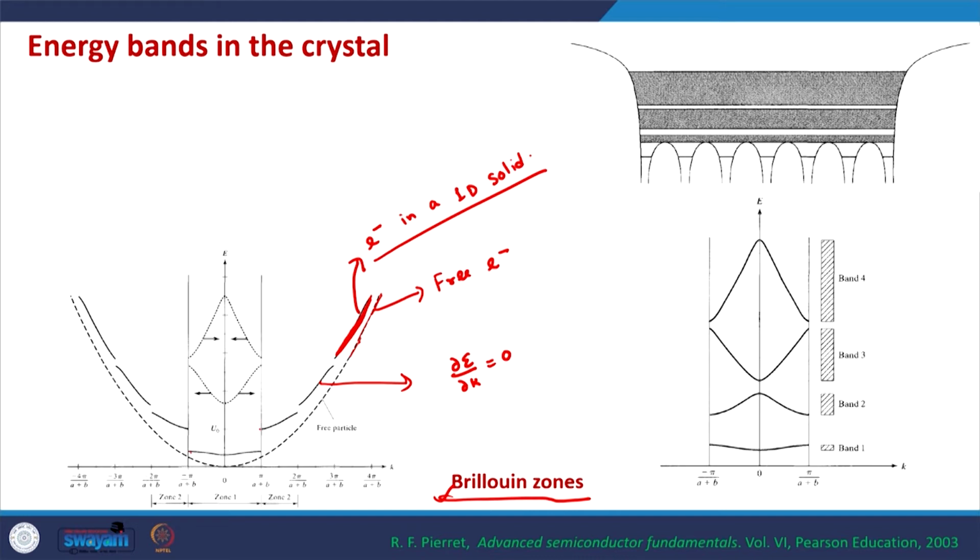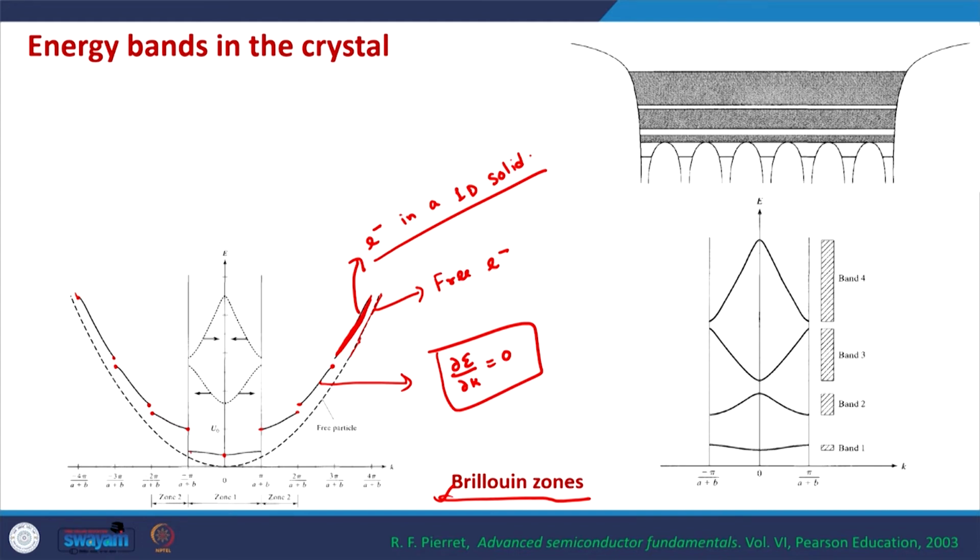What it means is that at these boundary points, del E by del k, the gradient of the E-k plot, is 0. Also at this point. This idea will be useful for us in the next discussion, which is the discussion on effective mass.